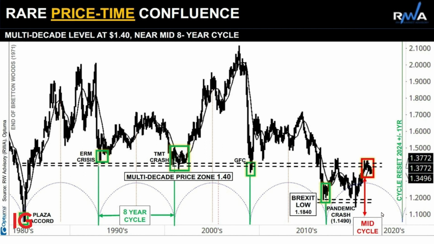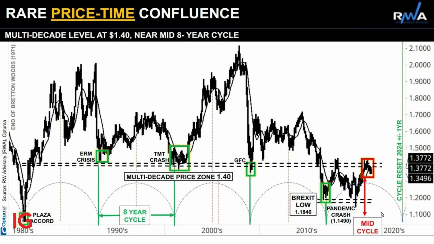So that's what the price and time and ultimately the historical perspective shows. And interesting to make the point that this cycle does go back as far as the end of Bretton Woods in the early 1970s. And it's still important now, showing you how that pattern rhyme is relevant and suggests further downside into the years ahead. You can see there the cycle reset for 2024, according to this analysis.